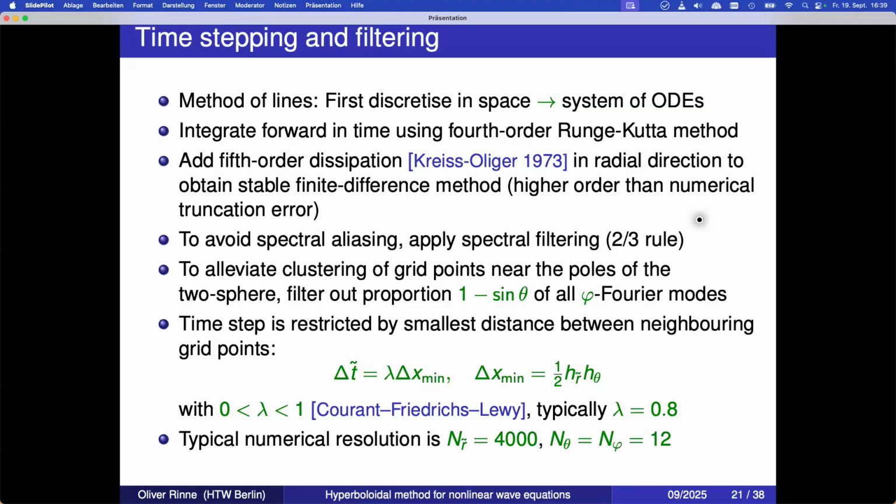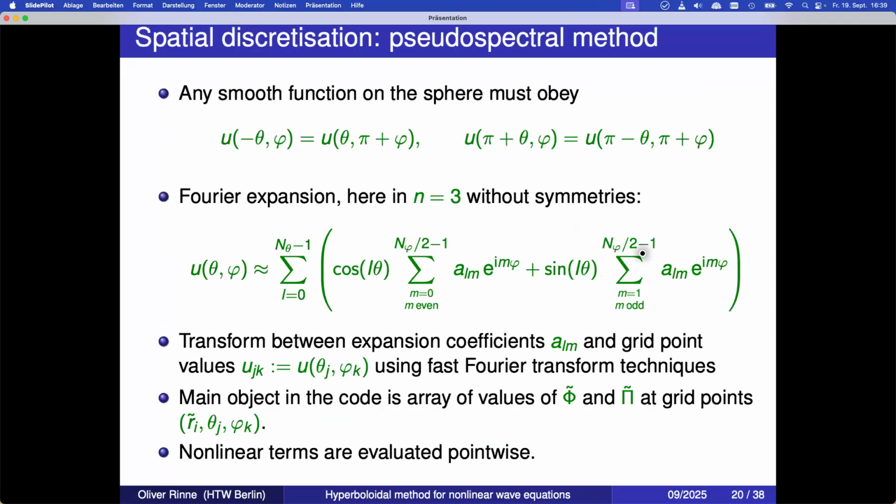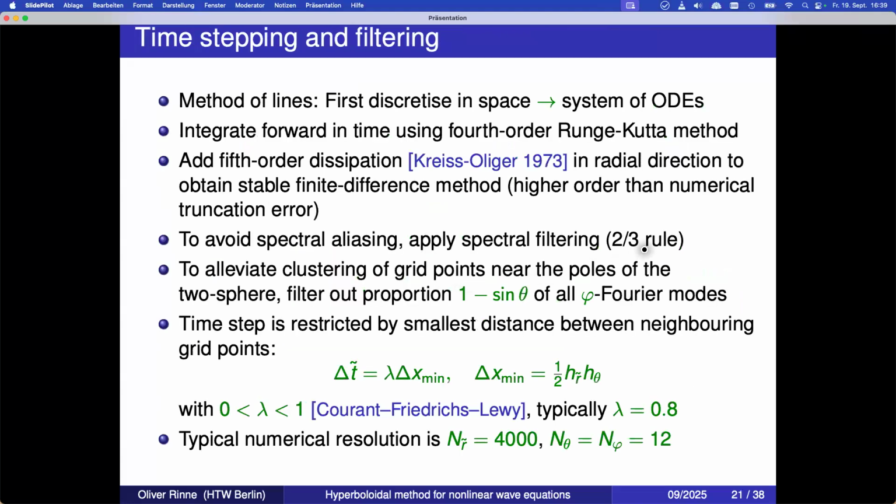What this means is that basically the top third of all these ALM coefficients, more precisely with respect to L, so the top third of all L values, are removed at each time step, or more precisely at each sub-step of this fourth order Runge-Kutta method. I just set the top third of these coefficients to 0.